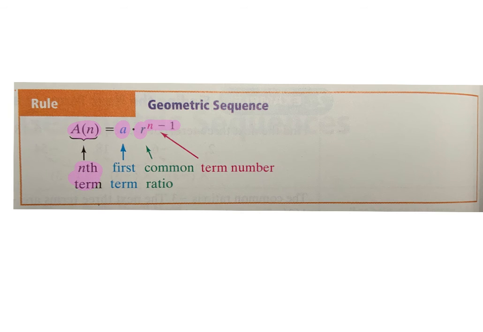So the nth term is represented by a sub n. The a represents your first term. The r is your common ratio. And then the n minus 1, that's the term number minus 1 that you're looking for.